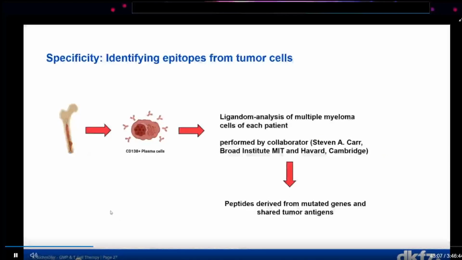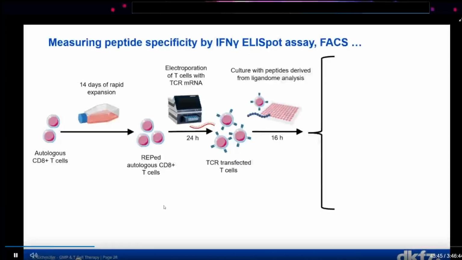Okay, of course, we were also curious and tried to find out what is the ligand which is recognized by these T cells, which is, of course, much more complicated. We tried to go for a ligandome analysis of the multiple myeloma cells. This was performed at the Broad Institute and MIT. The peptides they identified from these myeloma cells, all the mutated ones and also some shared tumor antigens, were then synthesized and tested again using the TCRs we identified.